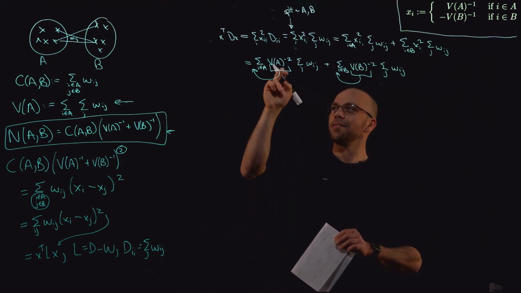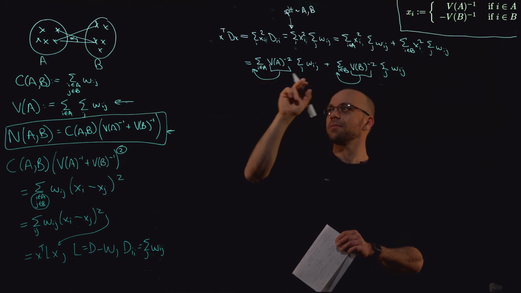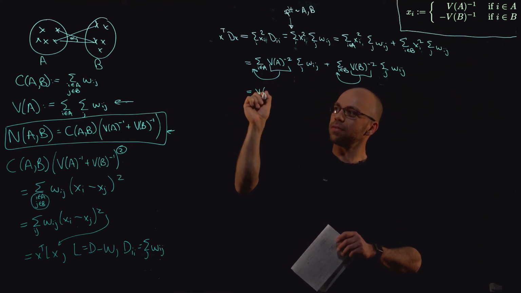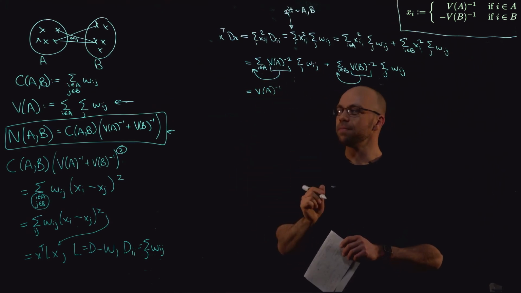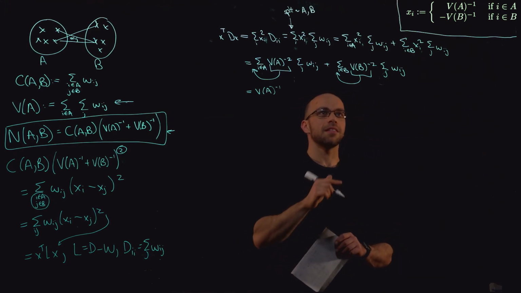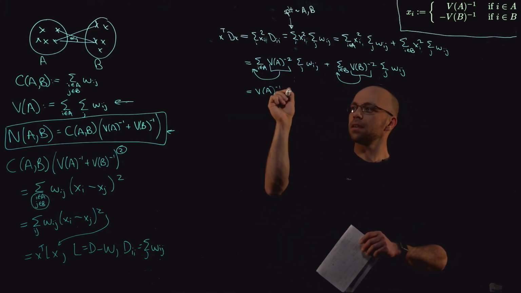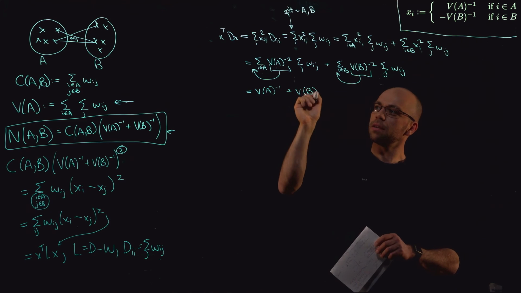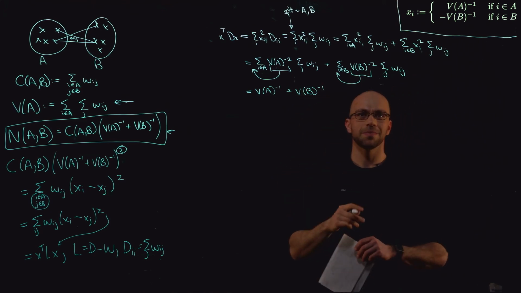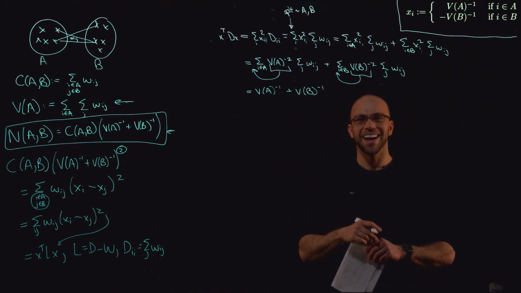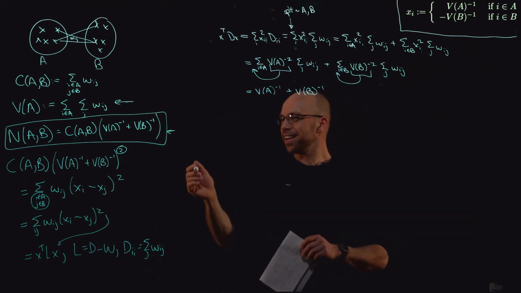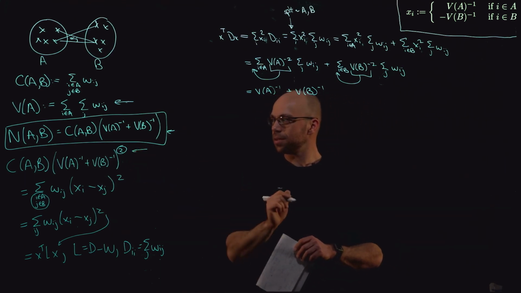So what do I have? v of A to the minus 2 times v of A. This is v of A to the minus 1. And similarly, this term here ends up being v of B to the minus 1. Aha! And that is how we're going to cancel this square.